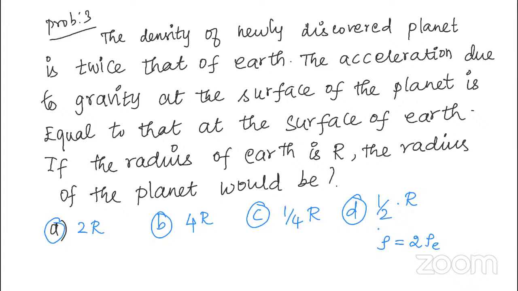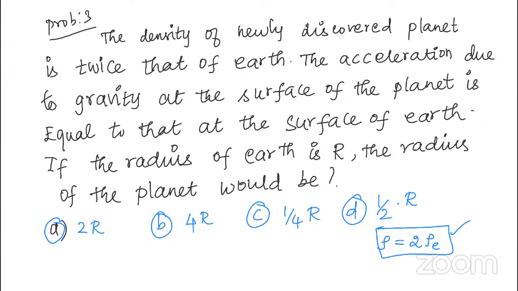So this is given. Then the acceleration due to gravity at the surface of the planet is equal to that at the surface of the Earth. If the radius of Earth is R, then the radius of the planet would be what?